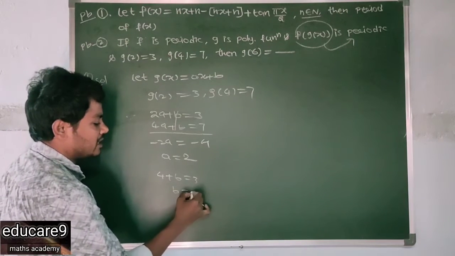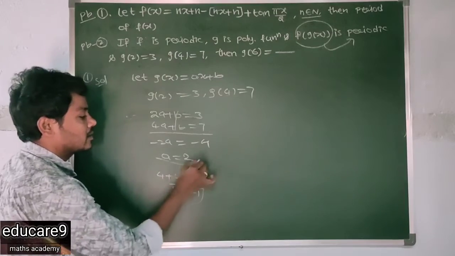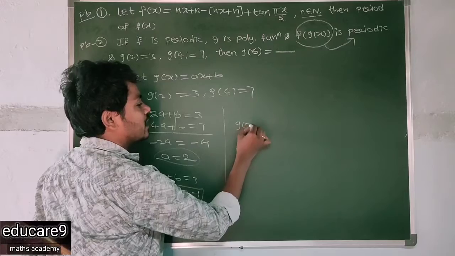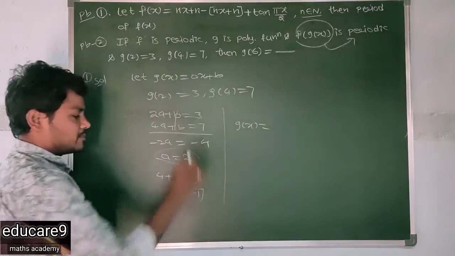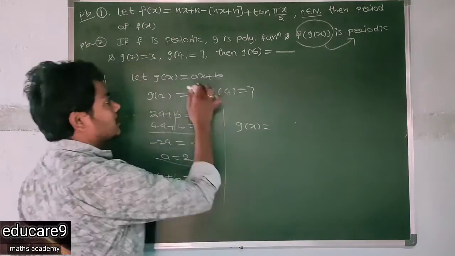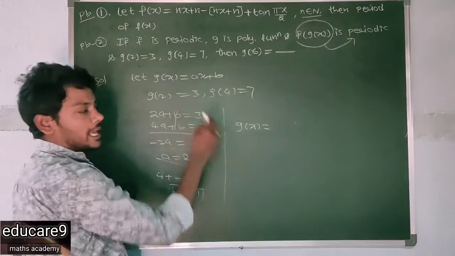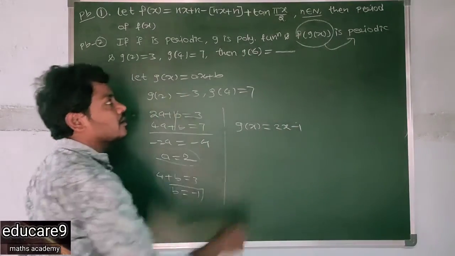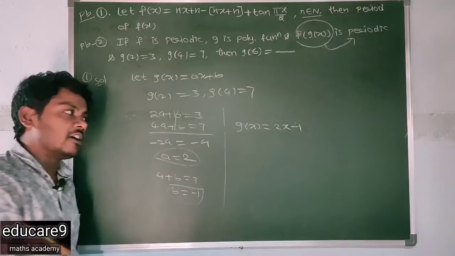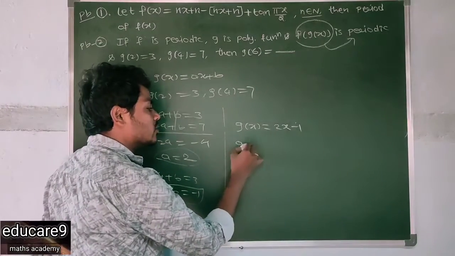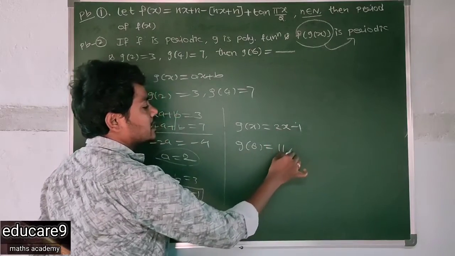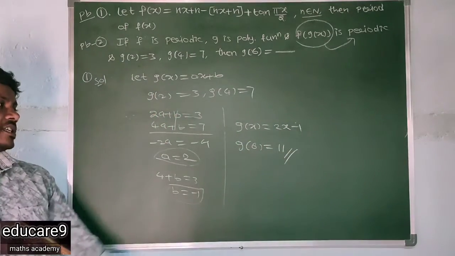So b value is minus 1. Therefore the given polynomial equation is ax plus b, that is 2x minus 1. Now you want to find the g of 6 value. So what is g of 6? 12 minus 1, that is 11. So g of 6 value is 11.